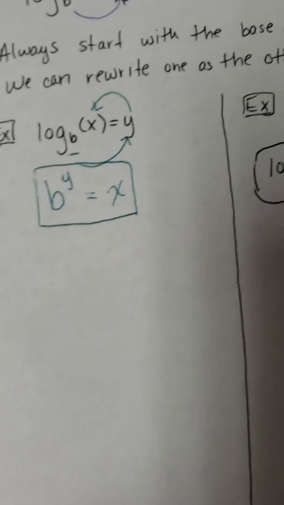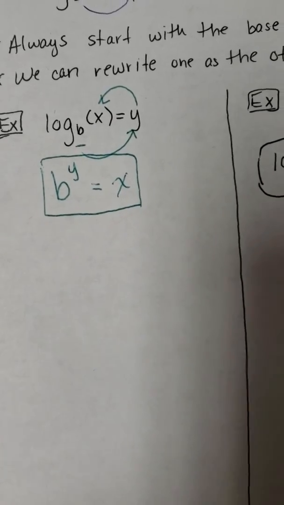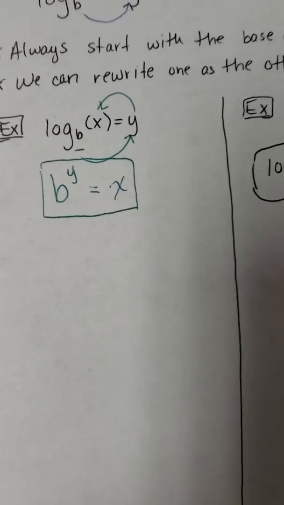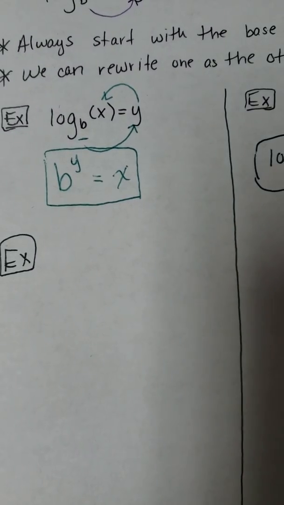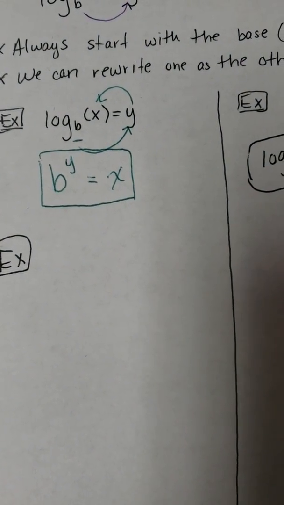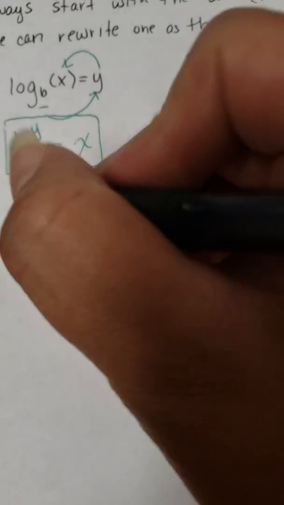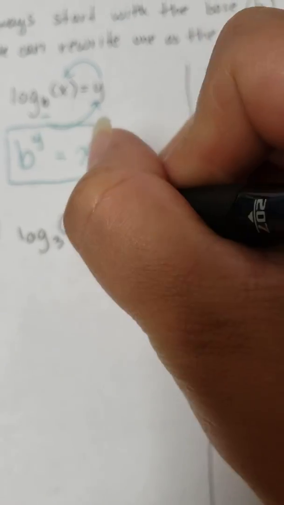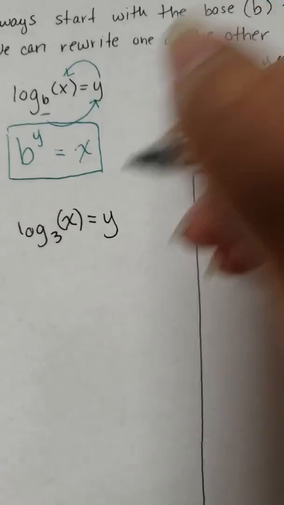Okay, so I'm going to use this to do a few more examples. And like I said, these shouldn't be too hard. It's when we start solving that it gets a little bit tricky. So let's do another example. Let's try, for instance, I'm just making these up, log base 3 of x is equal to y.